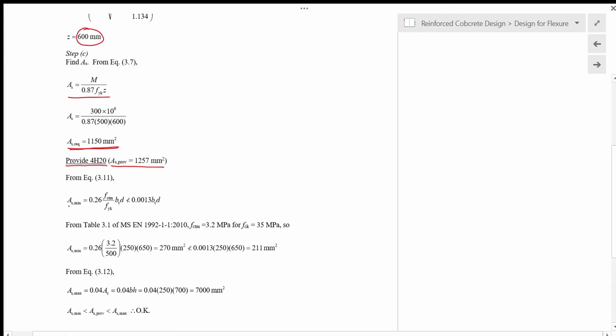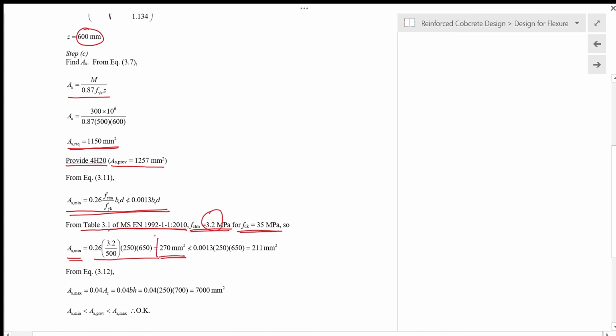And then for minimum reinforcement, we use the equation that is in the Eurocode. From table 3.1 of Eurocode 2, the tensile strength of concrete is 3.2 megapascal for FCK equals 35 megapascal. So you calculate the minimum based on FCTM equals 3.2 megapascal, and we get 270 square millimeter.